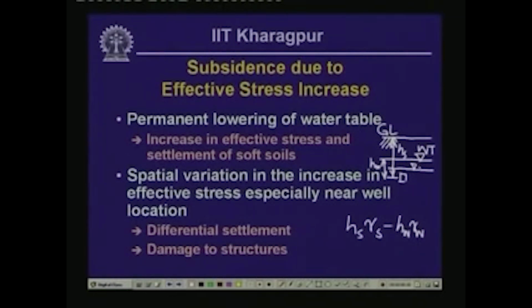to a greater depth below the ground surface, so WT2 is at a lower elevation than WT1, in that case the effective stress for water table position 2 is going to be given by HS multiplied by gamma S minus HW2 times gamma W. Since HW2 is less than HW1, then sigma 2 prime is going to be larger than sigma 1 prime.